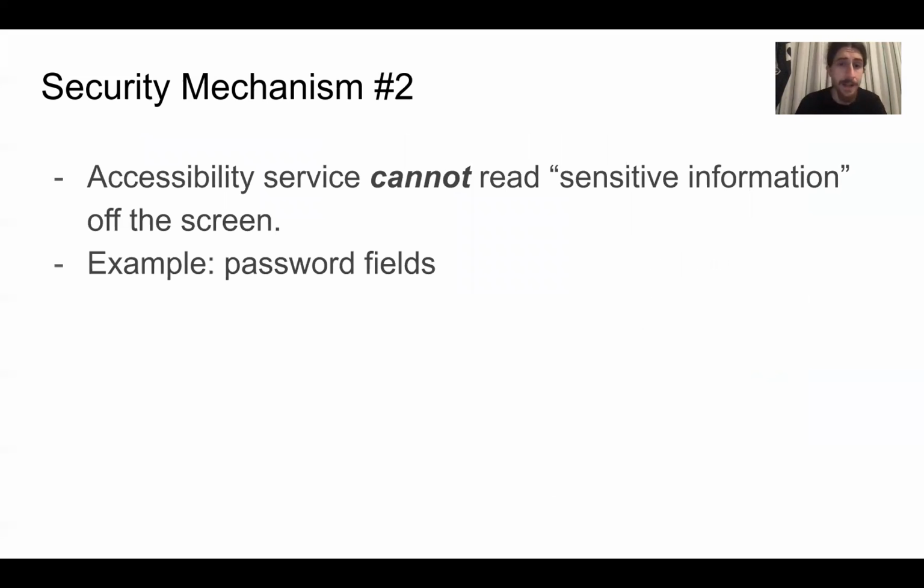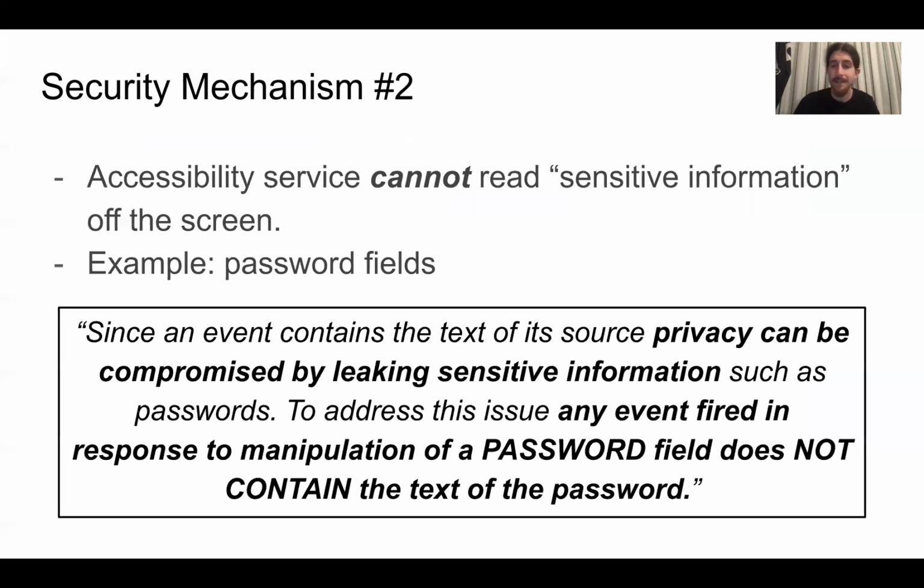The second security mechanism is, or I would say was, as it's going to be clear later on, that an accessibility service in theory could not read sensitive information from the screen, for example password fields. This is a quote from the documentation at that point, at least. It said that since some events could contain private information such as a password, any event fired in response to a manipulation of something like a password does not contain the text of the password.